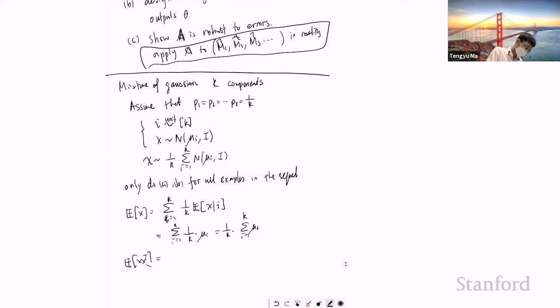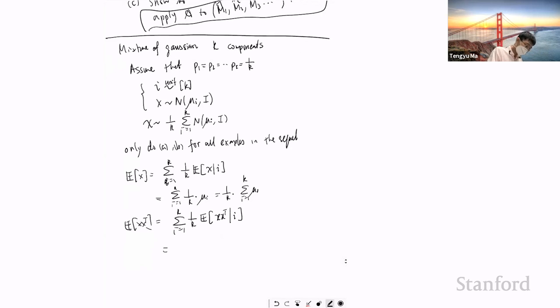Now let's look at the second moment. We still use the law of total expectation. You condition on the latent variable i, and you look at the second moment of that Gaussian. We have shown that for every Gaussian, the second moment is mu_i mu_i transpose plus identity. You take the sum from i to k, so this is 1 over k times the sum, basically the average of the outer products mu_i mu_i transpose plus identity.